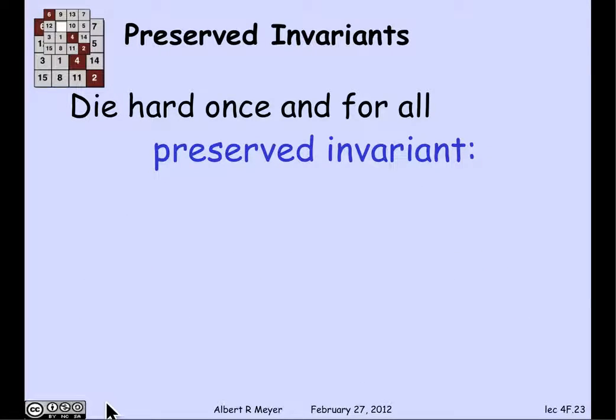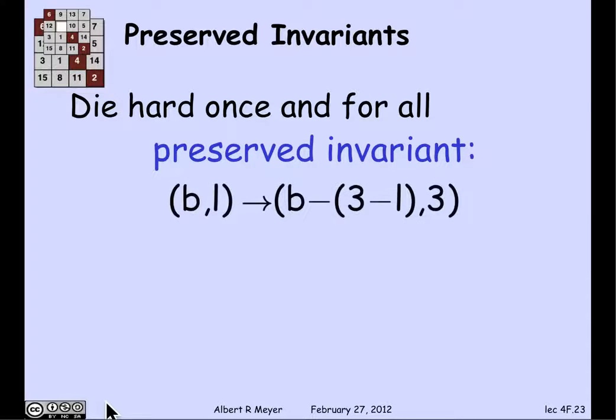So in case that's not obvious, you might not have all the rules in your head. But let's just take a look at one of the more complicated rules. This was the rule where you're pouring the big jug into the little jug until the little jug is full. And that transition is that if you're in state B, L, you move to B minus 3 minus L, and 3.